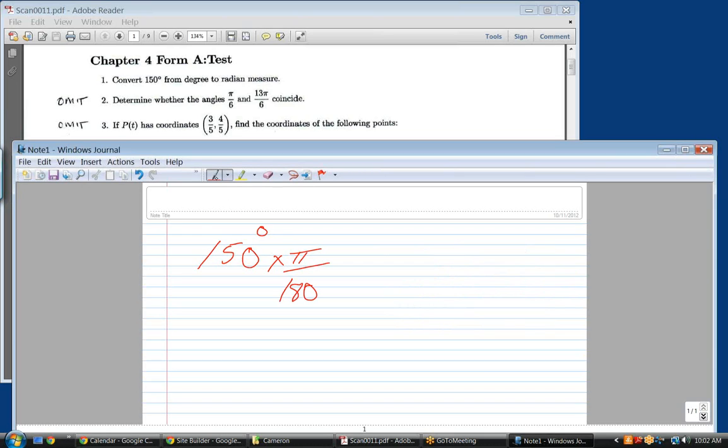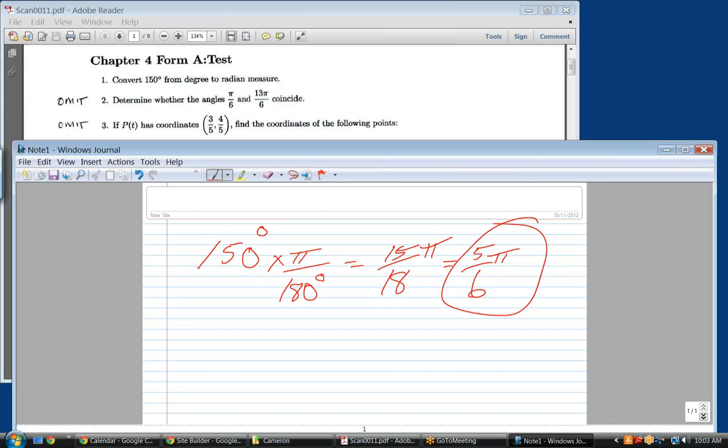Yes, it does. And in fact, that's what this conversion factor says, that you have pi radians for 180 degrees. So this converts it to 15/18 pi, which is, if we divide 3 into both of those, 5/6 pi.